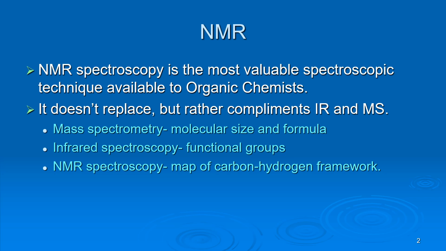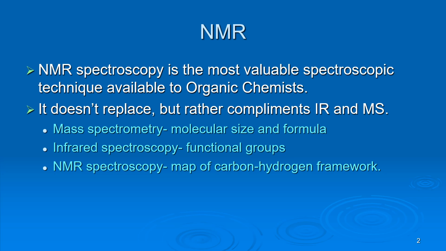Like I said, it's probably the most valuable spectroscopic technique available, and it doesn't replace, but rather complements infrared and mass spectrometry. So just to review a little bit, what was mass spectrometry? Helped us find the molecular size and formula, so the molecular weight, and also some fragmentation.